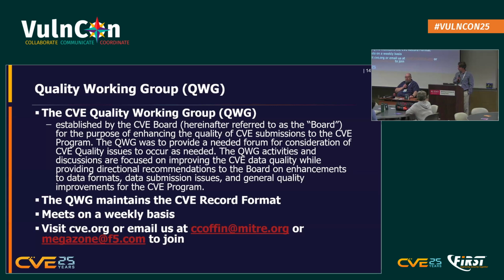Allowing third parties to provide information that contradicts the CNA gets very thorny and very political, because we have had CNAs say, if you do that, I'm no longer a CNA. We have people who are angry about NVD and are adamantly opposed to NVD being an ADP, which is something I support.